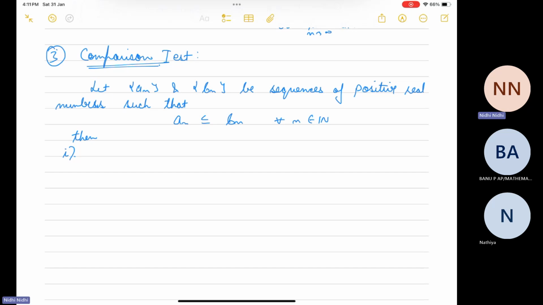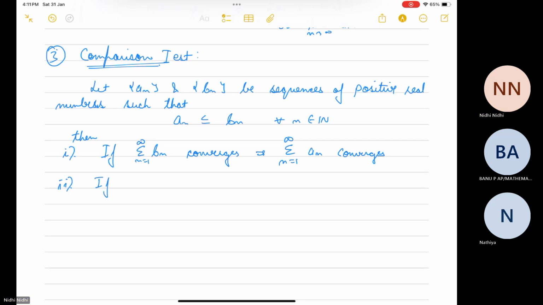If the bigger series is convergent, so basically if summation bn, n from 1 to infinity, converges, then the lower one must also converge. This implies summation n from 1 to infinity an converges. And if the smaller one is divergent, then the larger one will eventually also be divergent.